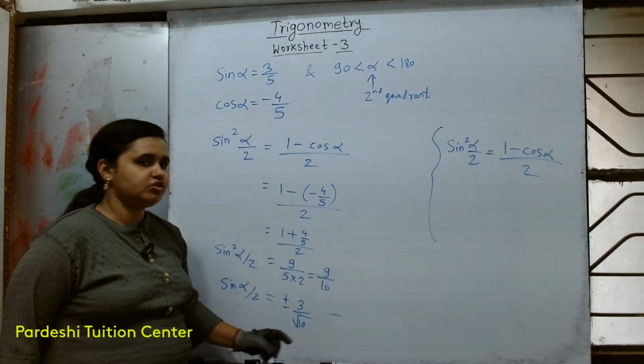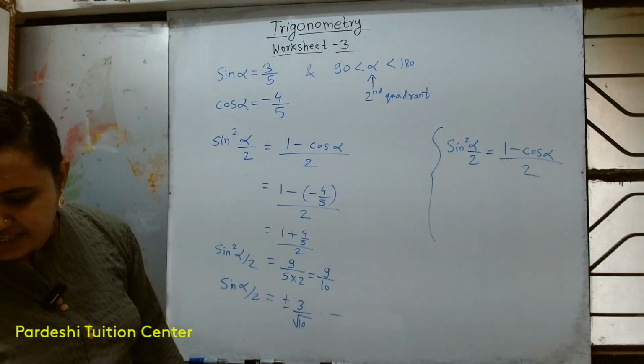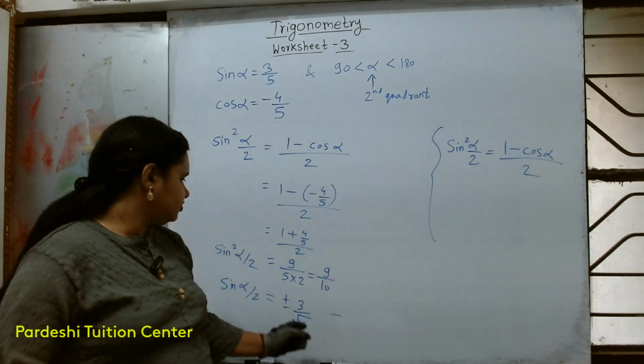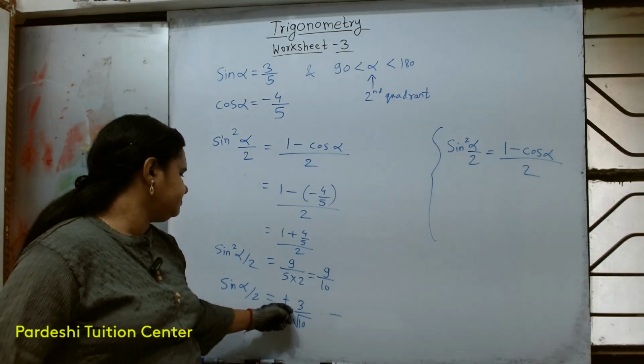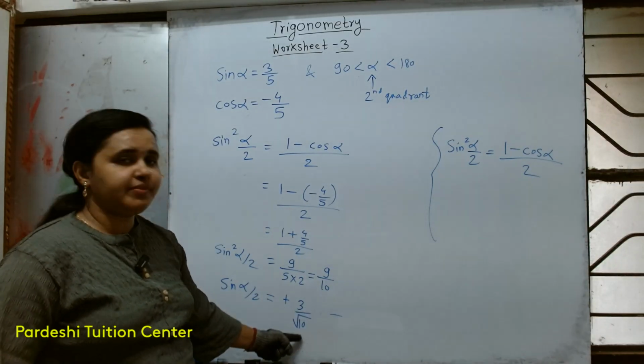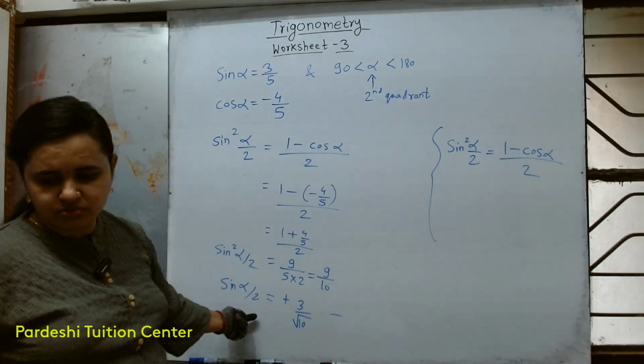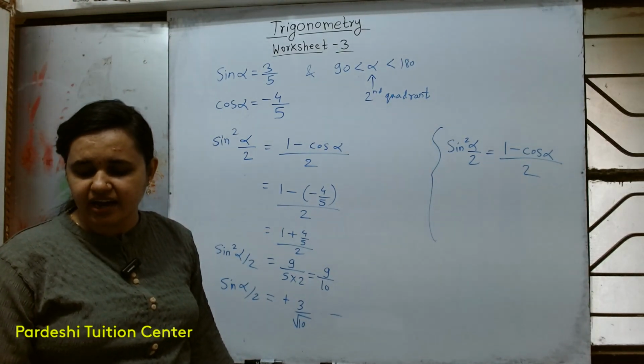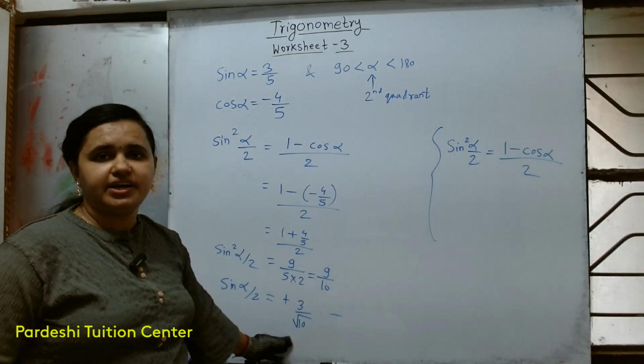Your answers are given in 1 by root 10, 3 by root 10. Only positive answers are given. So sin alpha by 2 is 3 by root 10. For option A, the answer is R, that is 3 by root 10.